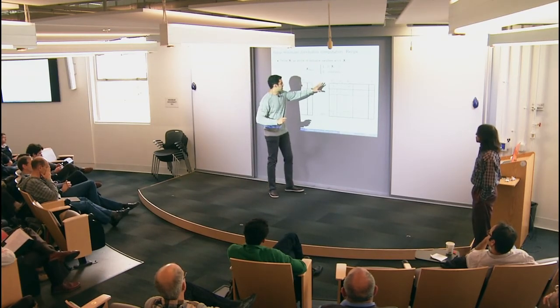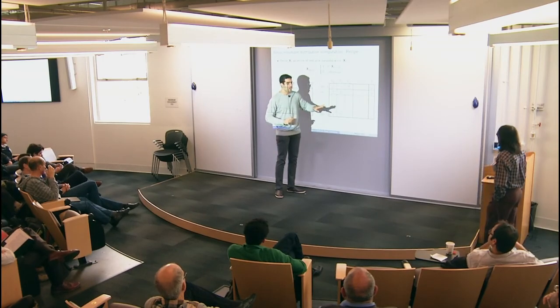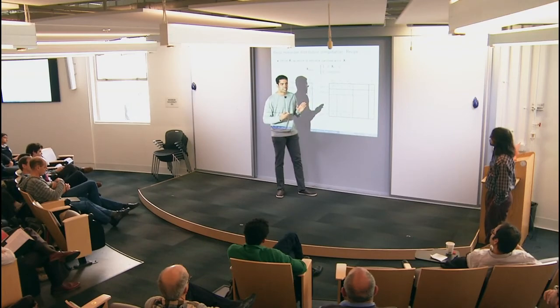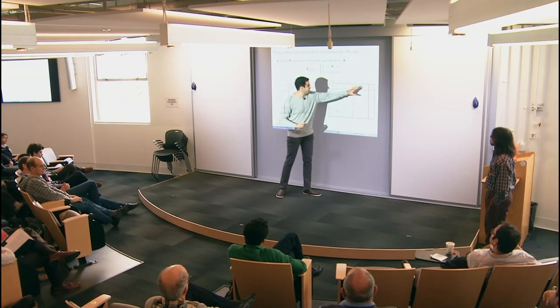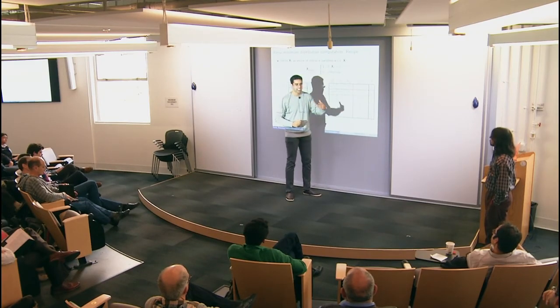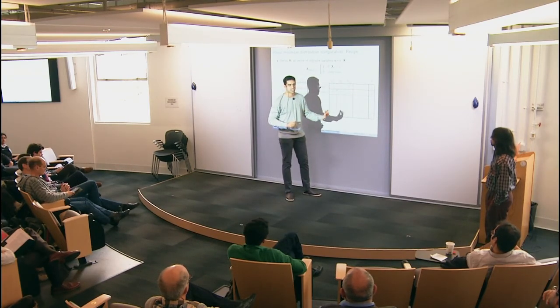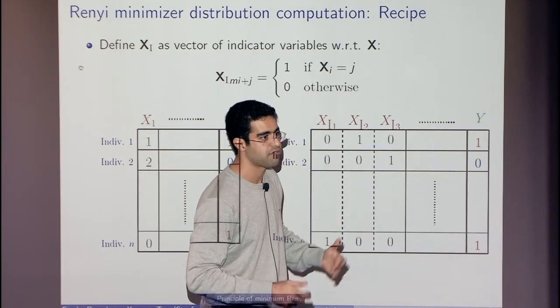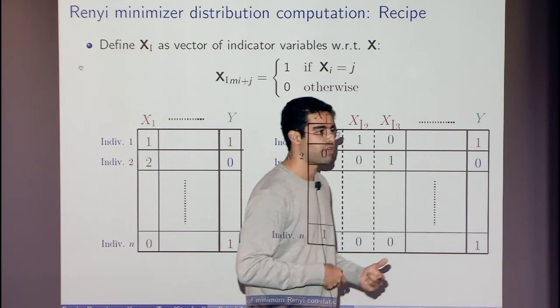For example, I have x1, I can consider x2, and then I may have the XOR of these two. I add it as a feature in my data set. In this way, I can consider high-order interactions of the xi's and how they can affect this y. So that's a way that we thought of to address this need. Yeah.